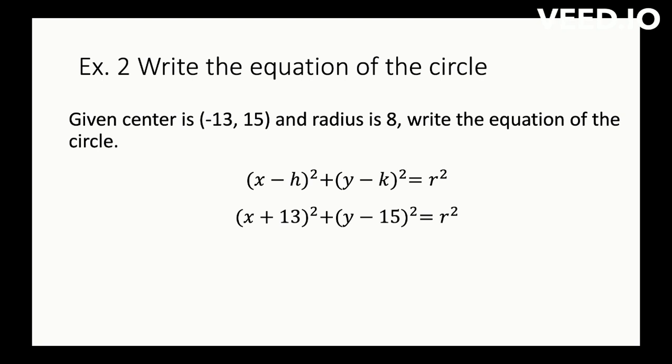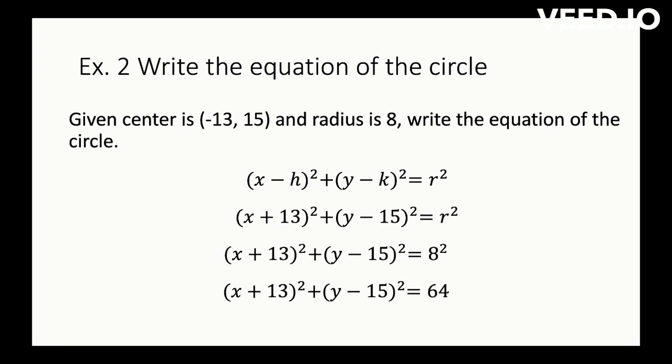And then we plug 8 into r, which gives (x + 13)^2 + (y - 15)^2 = 8 squared. If we square the 8, we get 64. So our final equation will be (x + 13)^2 + (y - 15)^2 = 64.